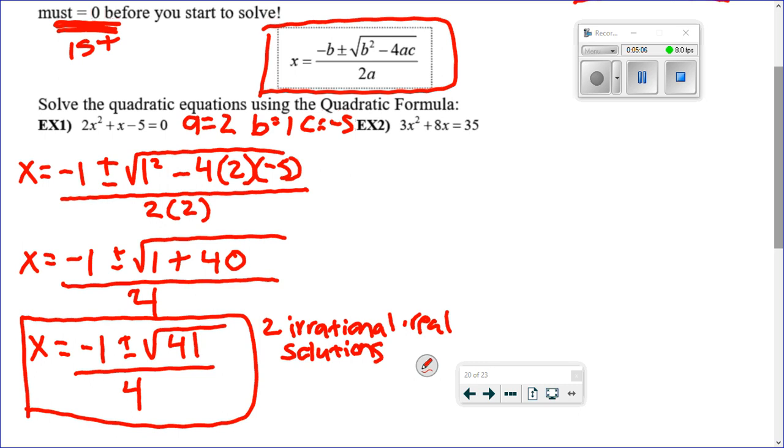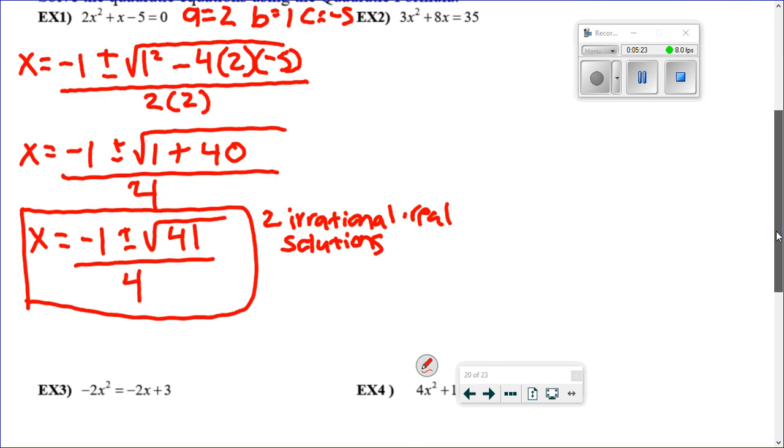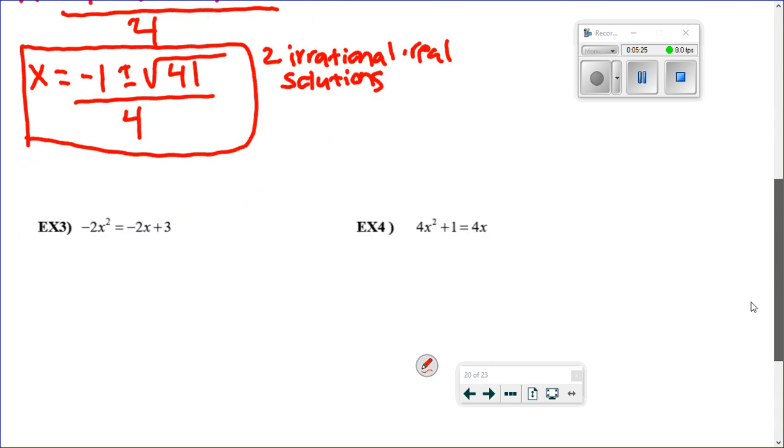You could check to make sure that they're two real solutions by plugging them into your calculator, and you should see that it's crossing your x-axis 2 times. So that is example 1. We'll also check out example 3 together, and then you'll try 2 and 4 on your own.